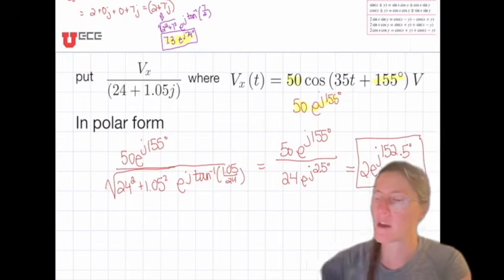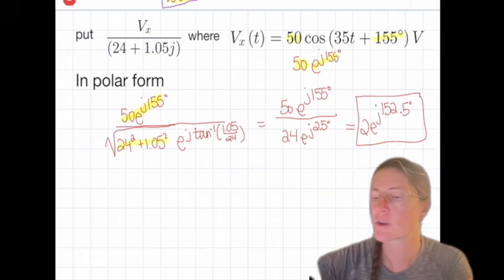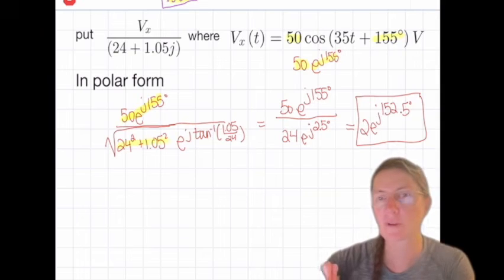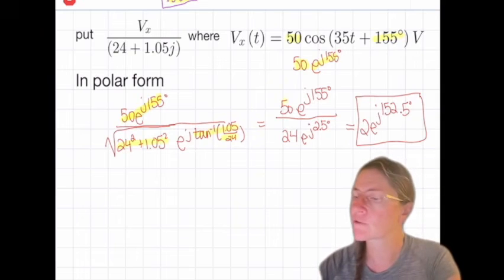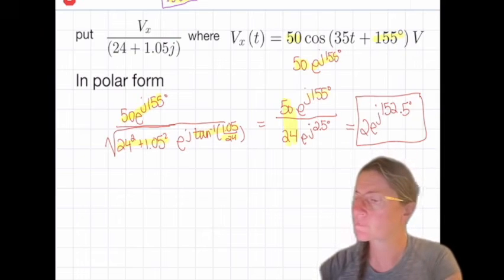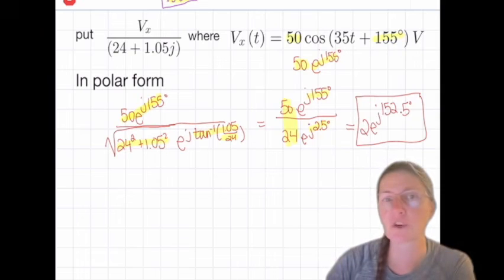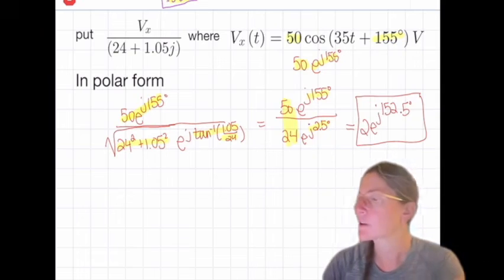And then this would be your Vx, and then to divide, you're now going to convert everything into polar. And so you're going to change the bottom into the square root of 24 squared plus 1.05 squared, and then take e^(j inverse tangent). So now you divide the magnitudes, and for these angles, when you multiply, you're going to add them together, and when you divide, you're going to subtract.